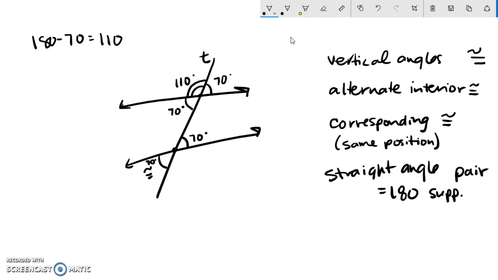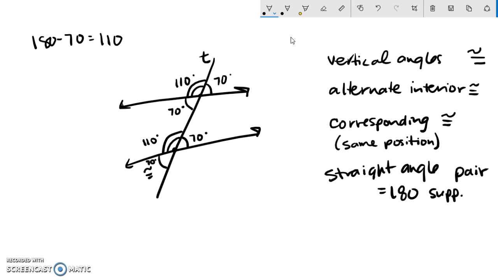Now I can go ahead and fill in the rest of the angles. 110, this angle is above the parallel line and to the left of the transversal. So if I come down here and find the angle that's above the parallel line to the left of the transversal, that gives me this angle right here. And I know that that's corresponding, they're in the same position, so they're congruent. So this one also has to be 110 degrees. Now, I can find the alternate interior angle of this one because I know that that's also going to be congruent.